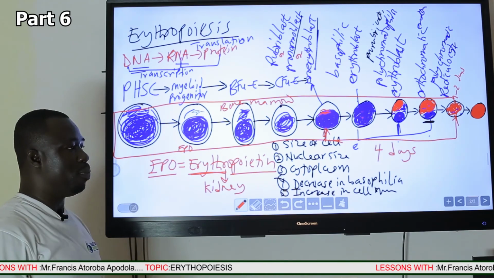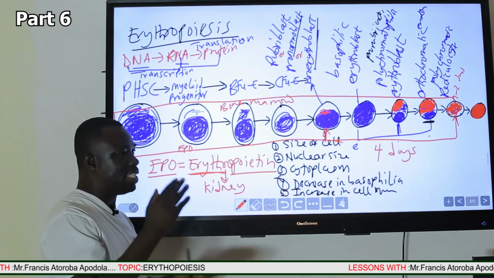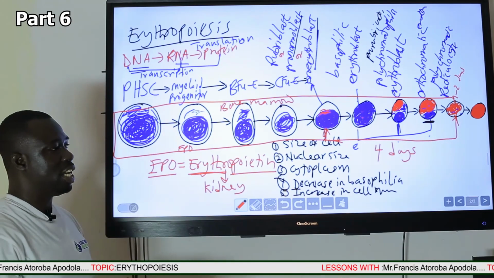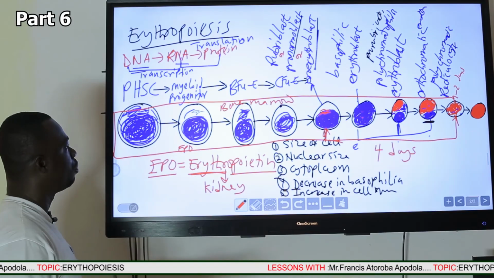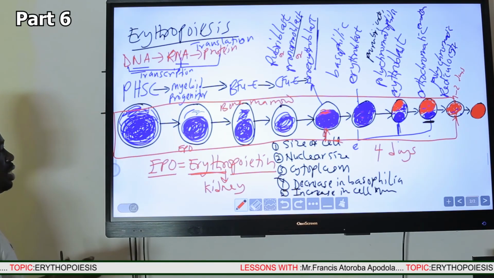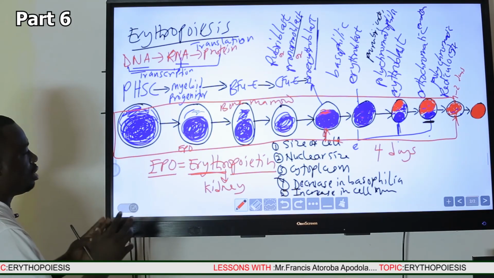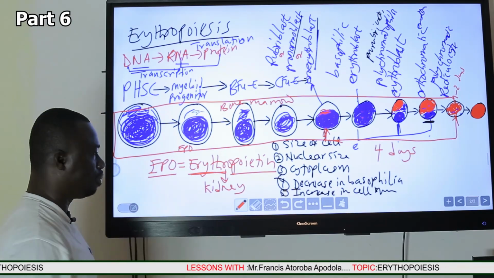So erythropoietin actually increases the rate of cell divisions and also speeds up the rate of maturation of the cell. So basically, these are all the stages involved in erythropoiesis.